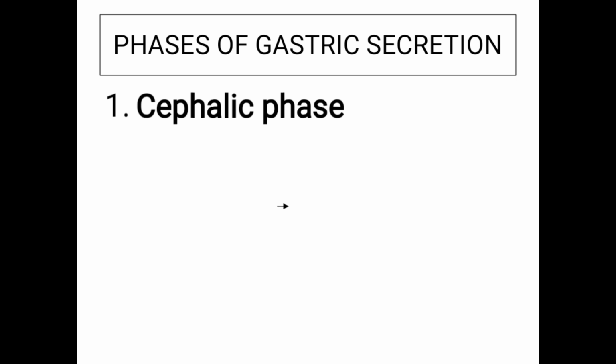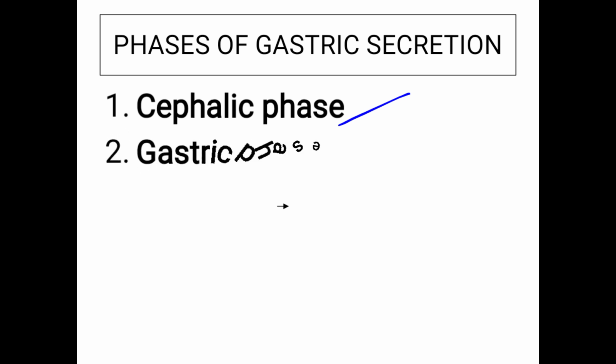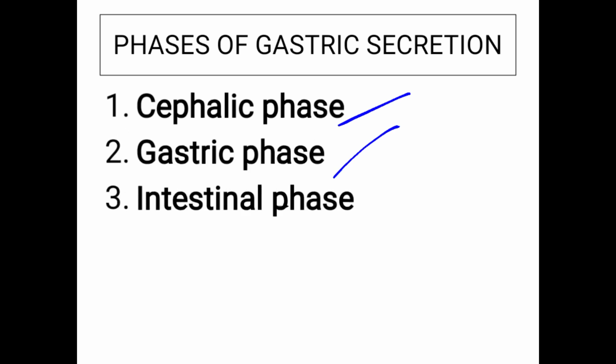Next, coming to the phases of gastric secretion. Gastric juice secretion does not take place simultaneously; it takes place slowly. So we divide it into 3 phases: cephalic phase, gastric phase, and intestinal phase.